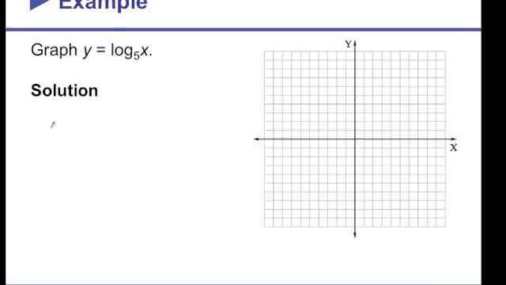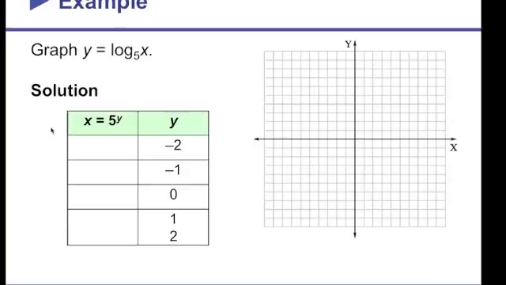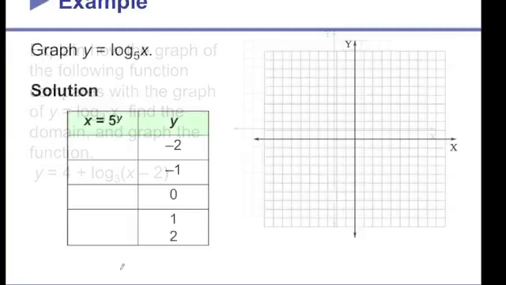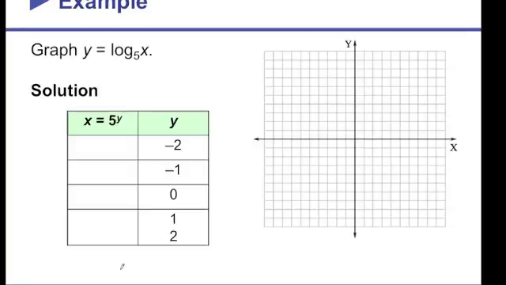Function. y equals log base 5 of x. Again, now we need to graph this. Notice I picked the y values first because they're actually the easier ones. So if y is negative 2, then x would be 5 to the negative 2, or 1 over 5 squared, or 1 over 25.